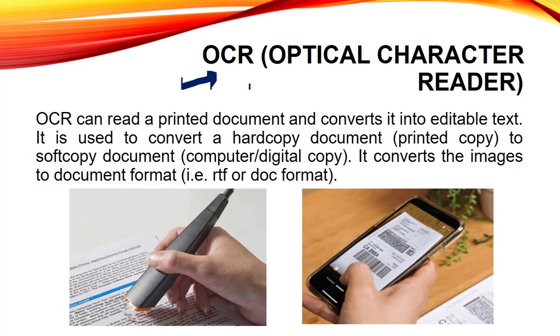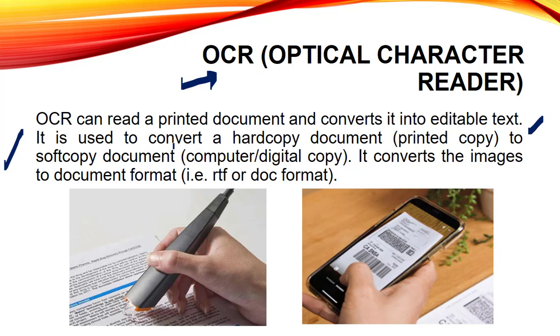OCR device. This OCR device will not only scan my text but it will also convert that scanned image to a text format where I can copy, paste, edit or delete the text as per my wish. Fine. So OCR can read a printed document and convert it into an editable text.